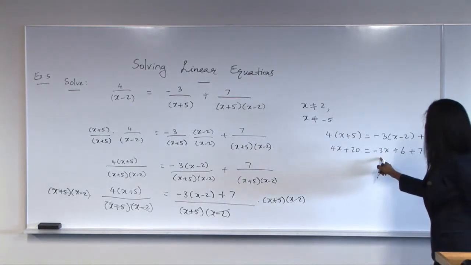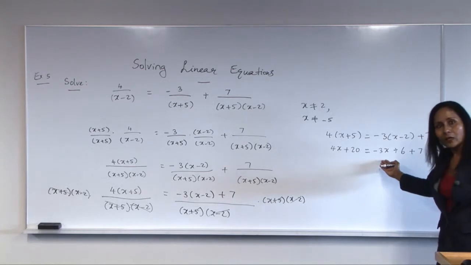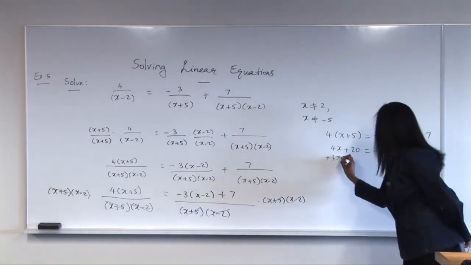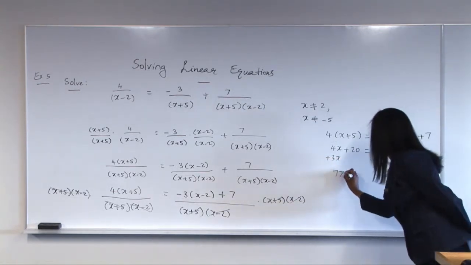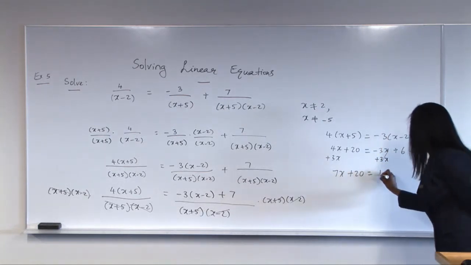So now we are solving for x. So we are going to combine all of the x terms together. So this is add 3x to both sides to get x alone. Correct? So 7x plus 20 is equal to 6 plus 7, 13.